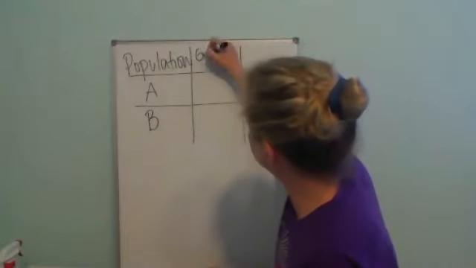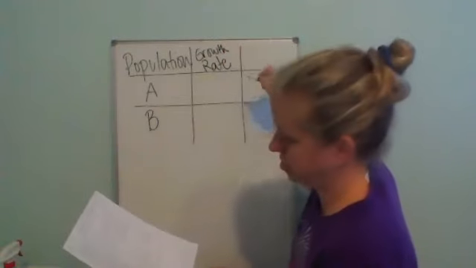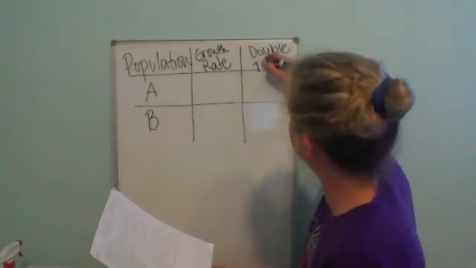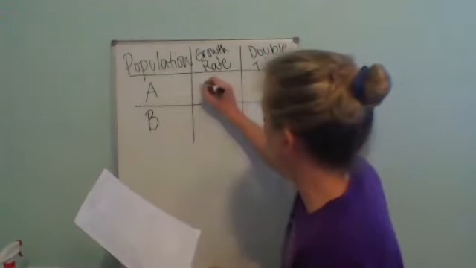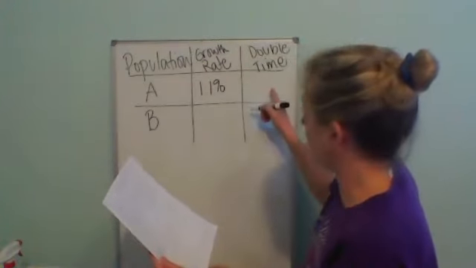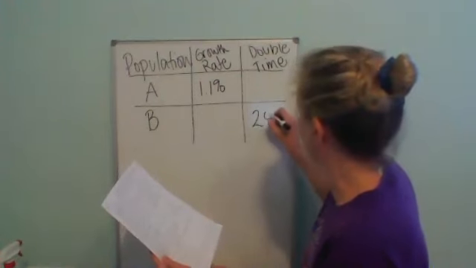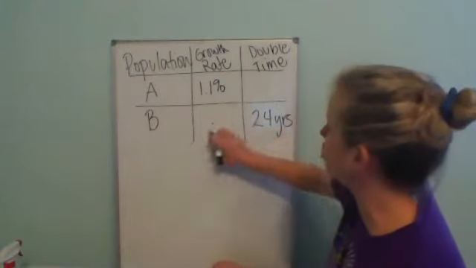The growth rate and doubling time. And it gives me country A is growing at 1.1%. It doesn't tell me what the doubling time is. In country B, it tells me the doubling time is 24 years. So you're looking to fill in these 2 blanks.